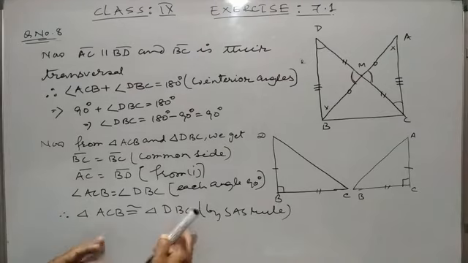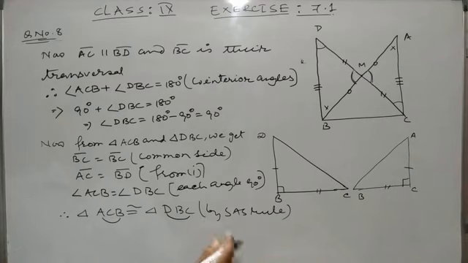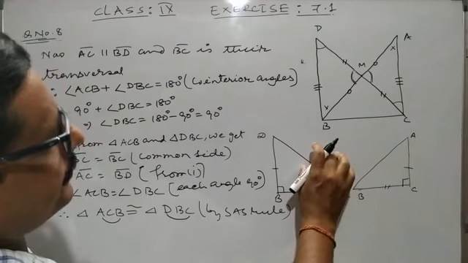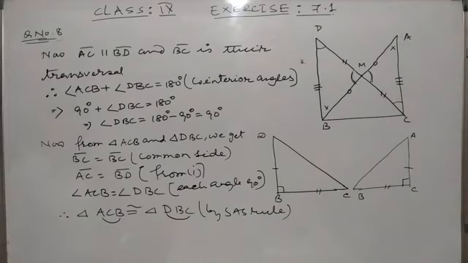Since these two triangles are congruent, therefore we can say that AB equal to DC.